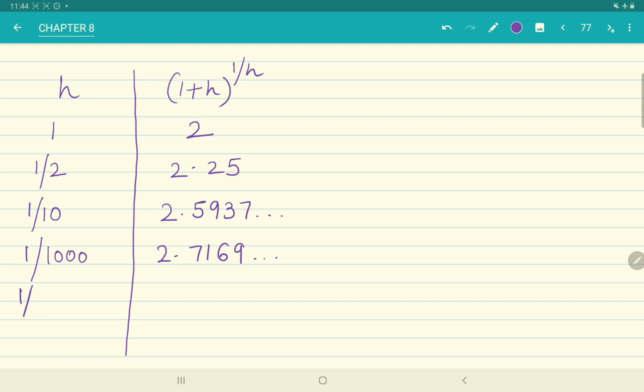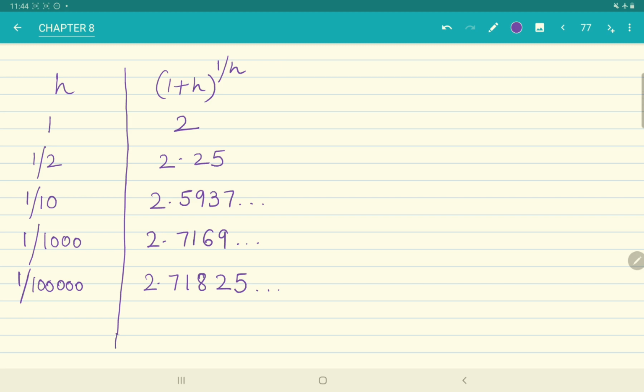If I take 1 by 1 lakh, so there are 5 zeros now, and then it will be 2.71825, and it goes on.